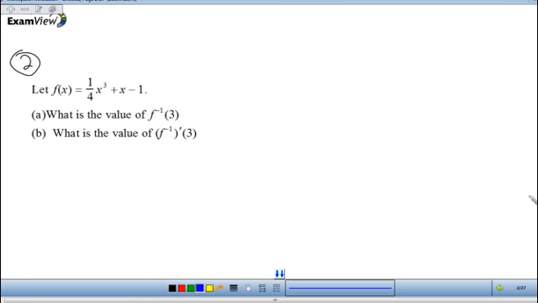Okay. For number 2, we need to find the inverse at 3 and the derivative of the inverse at 3. So if we're talking about the inverse, 3 is my y value. In order to find my x value, I need to set the function equal to 3.